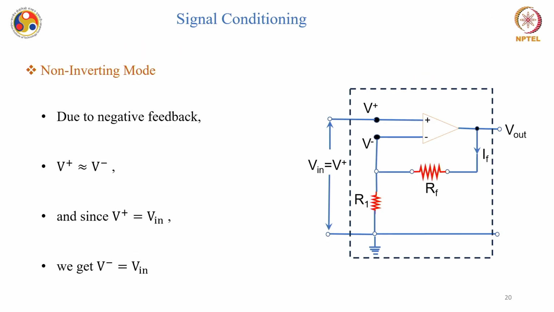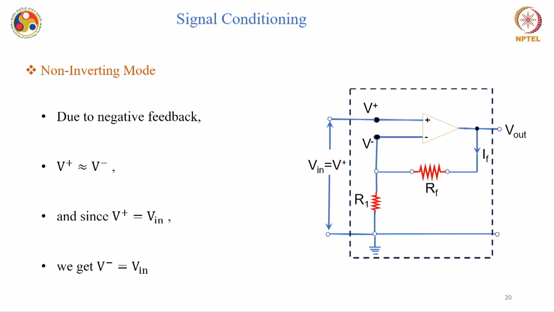Now let's use this when the op-amp is operating in, say, non-inverting mode. This is a typical example of the non-inverting mode of op-amp. You can see that there is a feedback resistance RF fed to the inverting terminal, and one resistance R1 is connected, and the supply here is given to the non-inverting terminal, so V in is equal to V positive in this case. From the rule that we have seen, V positive should ideally be equal to V negative. So if you are giving input voltage to the non-inverting terminal, then the same potential appears at the inverting terminal as well, so V negative is also equal to V in.